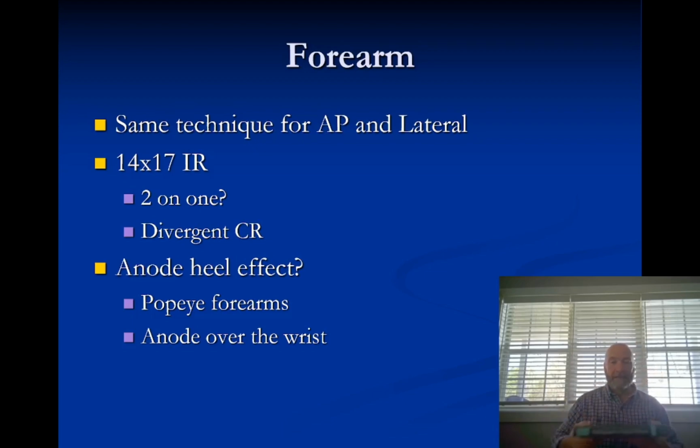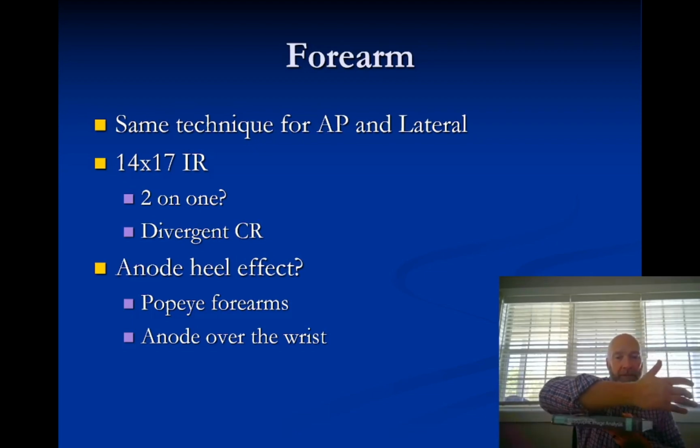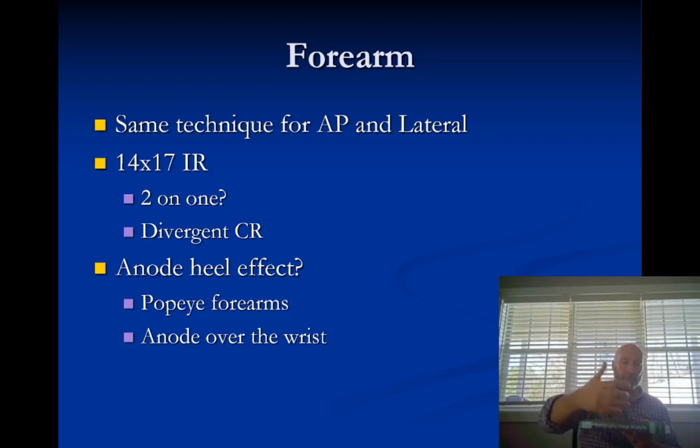The reason I say that is because if you're doing the right forearm and you put the AP on the side that would be closest to the patient, they may not be able to reach across the image receptor far enough to keep you from having superimposition between the double exposures on the image receptor.